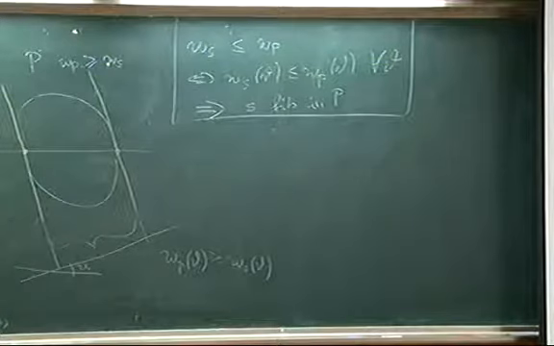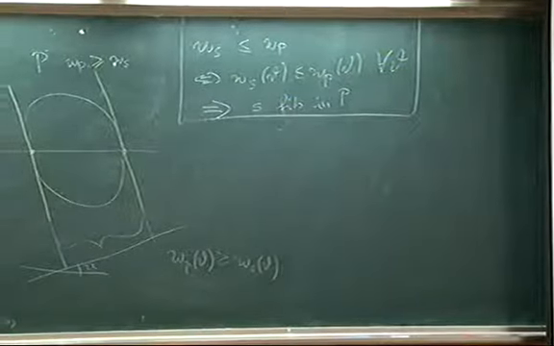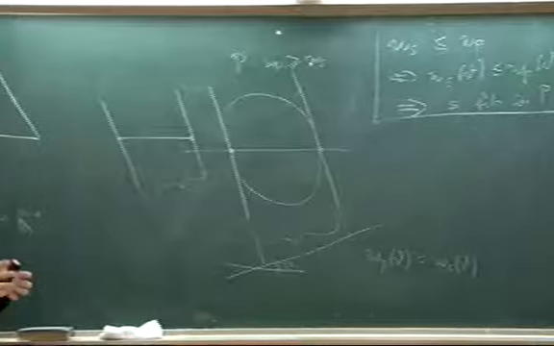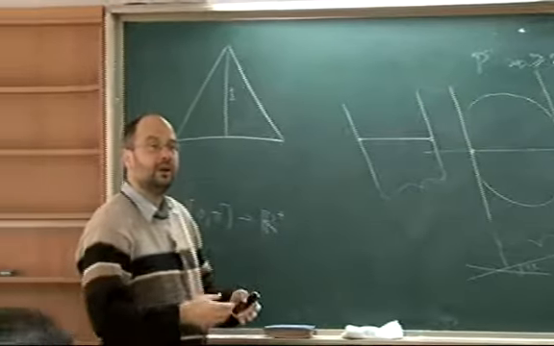So this is somehow funny because it says no matter what object you start with, you can always make it smaller, and yet the width function increases. And you end up with a triangle.